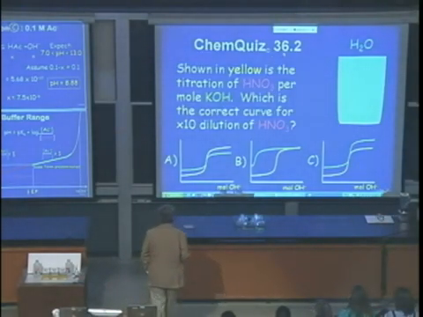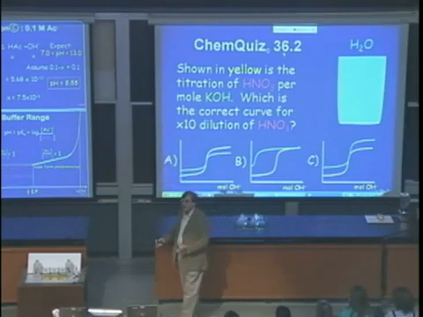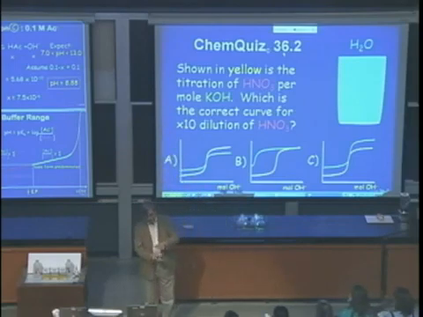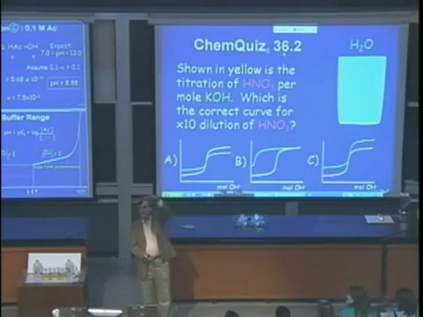If you have nitric acid in a certain volume, and you give the concentration in mole per liter, and now you dilute it by a factor of 10, do you still have the same amount of HNO3 in there, or a different amount? The same amount.